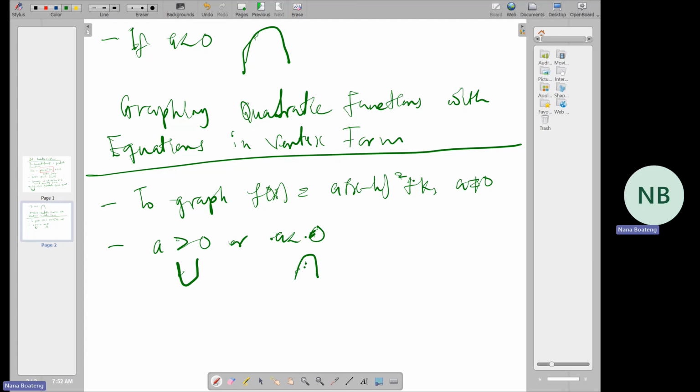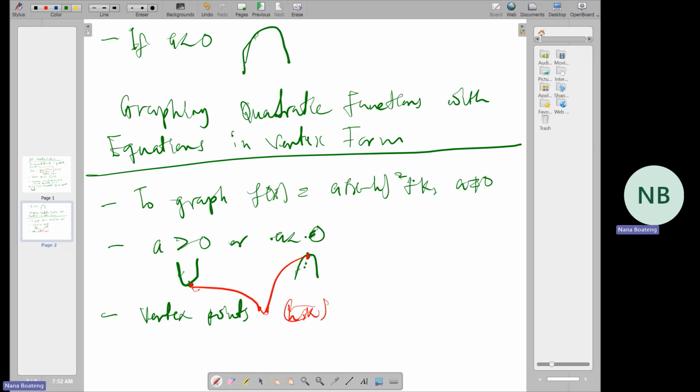The next thing, we also have to determine the vertex point. For the curve that opens downward, the vertex is the highest point, and for the curve that opens upward, it is the lowest point. The vertex point is the pair (h, k), so we have to determine that.